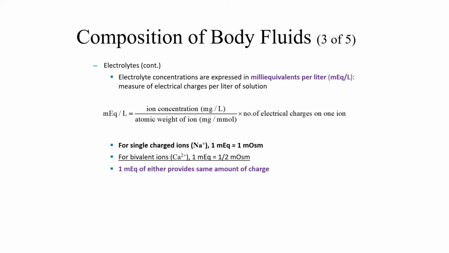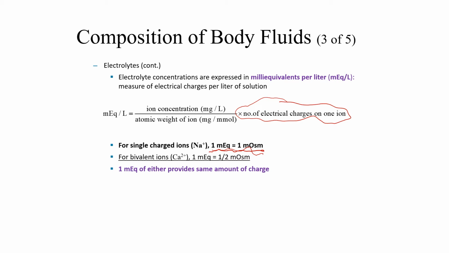And one thing I want to point out in this is it's multiplied by the number of electric charges on one ion. So sodium has a single charge. Therefore, it's considered to be 1 milliequivalent, which is the same as 1 milliosmol. Okay? 1 milliequivalent, the same as 1 milliosmol.